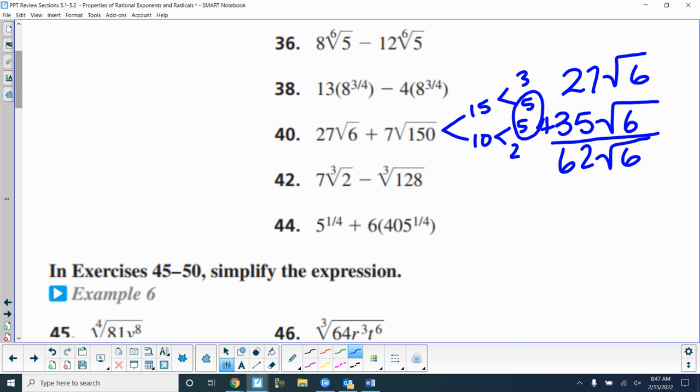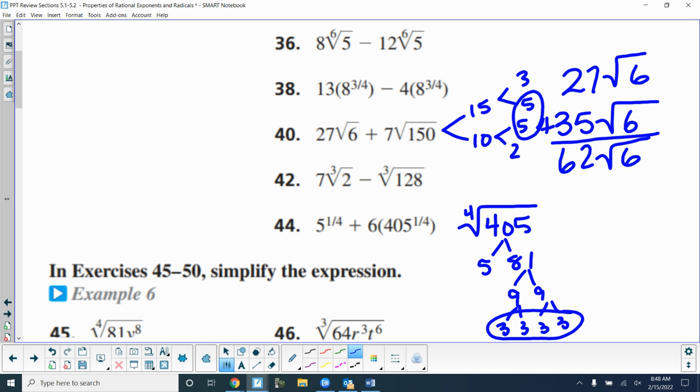44? Okay. So remember, 1/4 power is this, right? So this is 5 times 81. It's 9 times 9. And then we get the 4 3s.